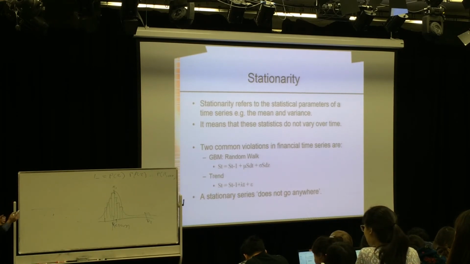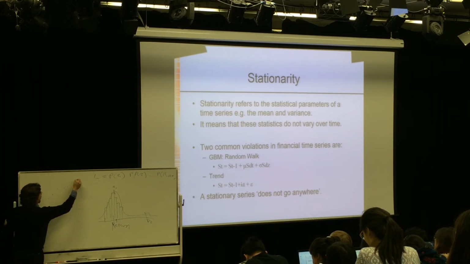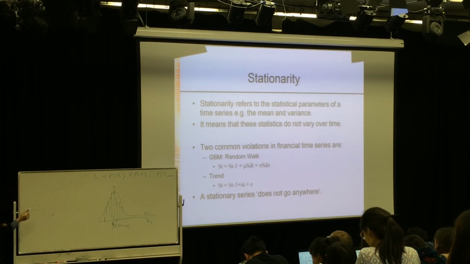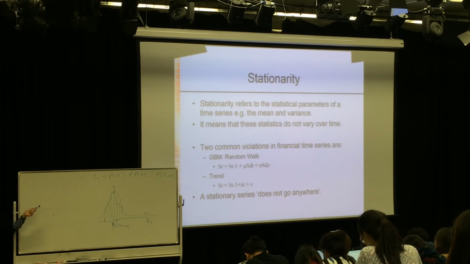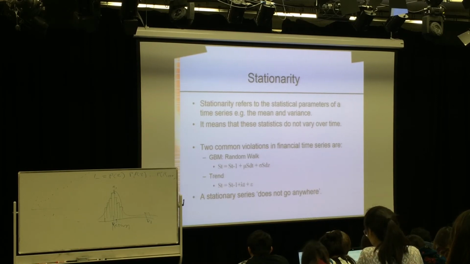Something that's non-stationary wiggles around, but then it starts going somewhere. So it's moving away. Anything that has a trend, for example, is non-stationary. And that's the second one here. So let's say a stock price, S of t, it's the same as yesterday's price, plus an amount due to the time step, lambda t.